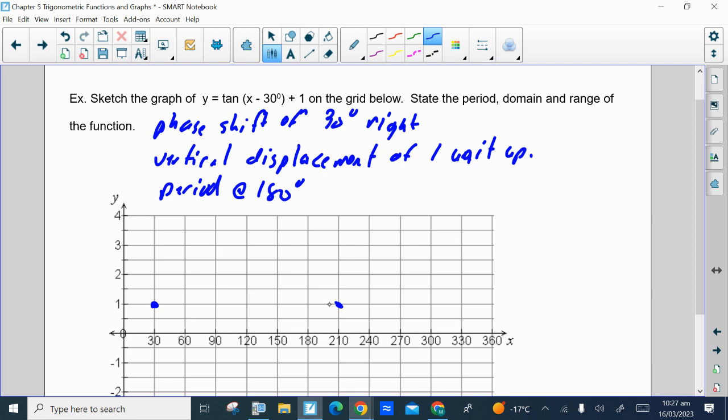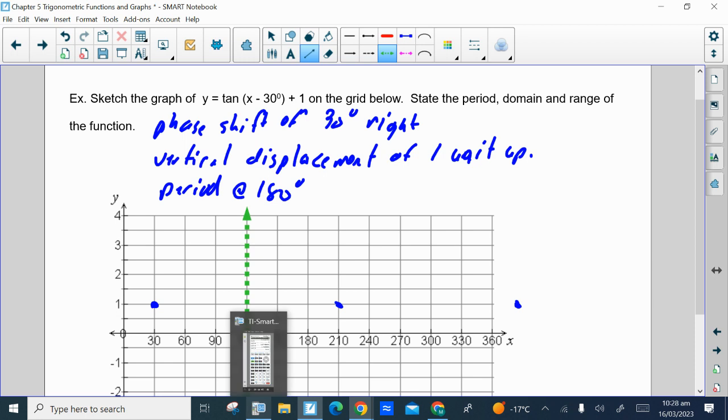And then another 180 from there will be at 390, so just past 360. Our first asymptote was at 90 degrees, but it also goes to the right 30 degrees, so it'll be at 120. And then 180 from there will be at 300 degrees.